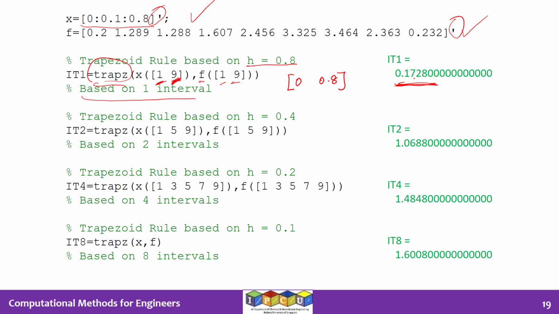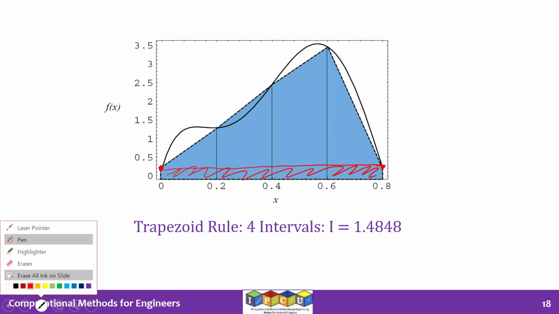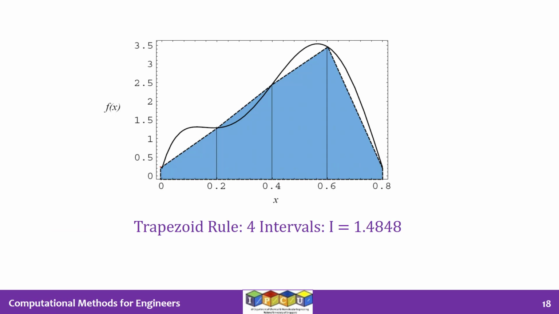Now I'm using the trapezoid rule next based on h equal to 0.4. So I'm considering two intervals. Instead of what I did in the past, I'm now going to consider this data point, and this data point. So this is my one interval, 0 to 0.4, and 0.4 to 0.8 is my second interval. So I'm using h equal to 0.4. That means I am doing this, right?